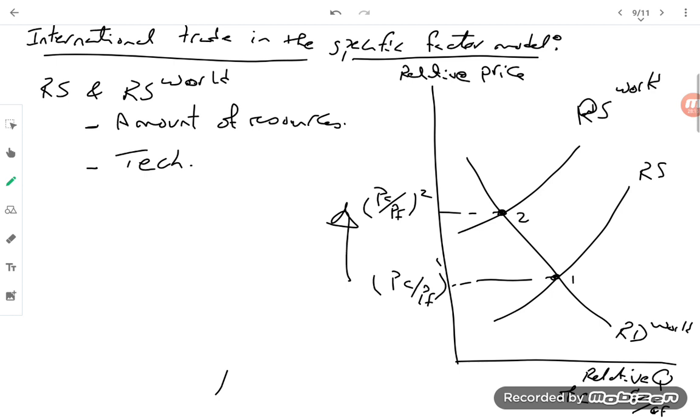Now we are going to move to the third theory, which is product cycle.